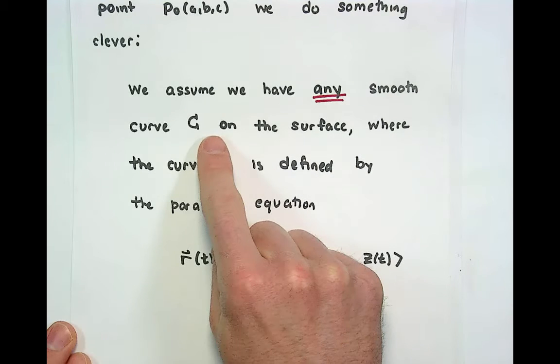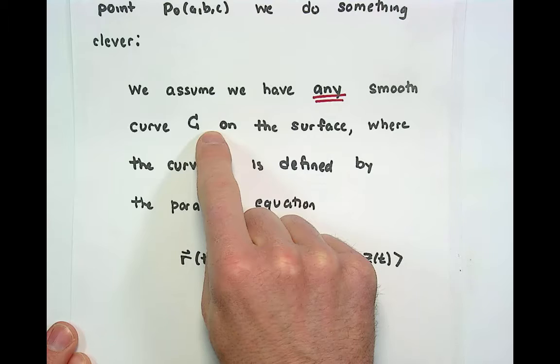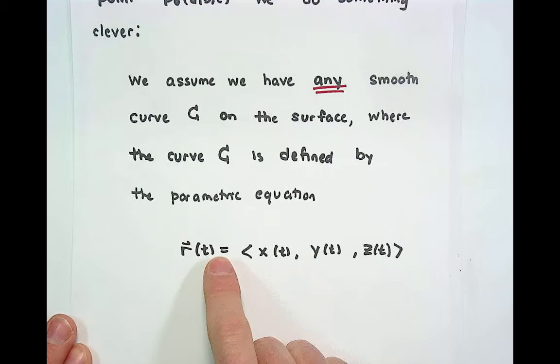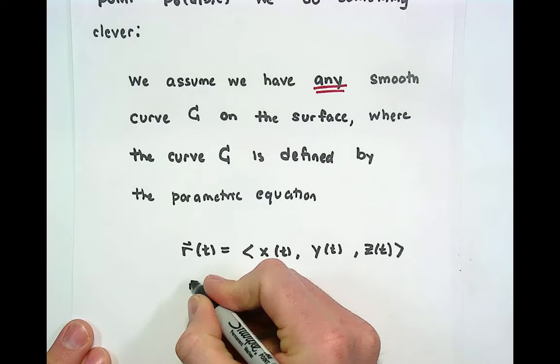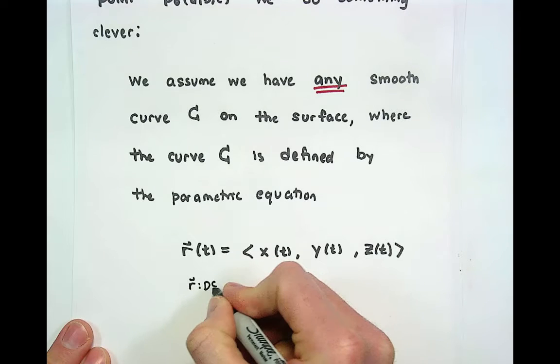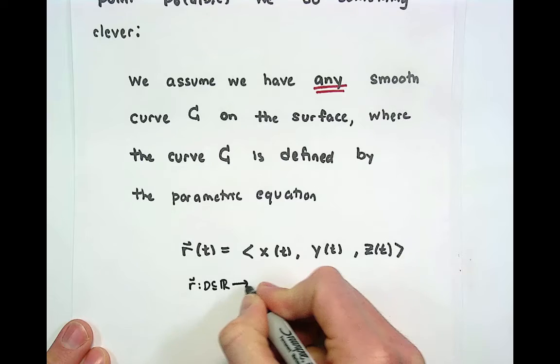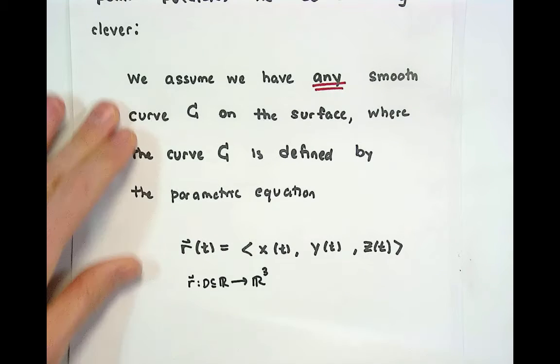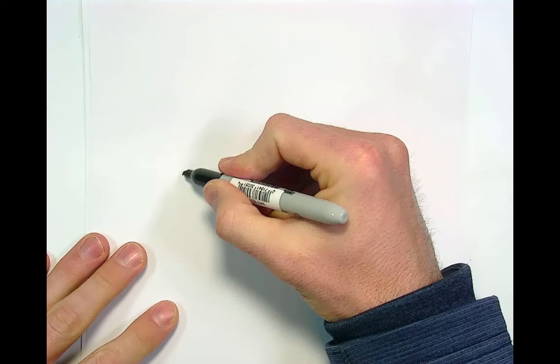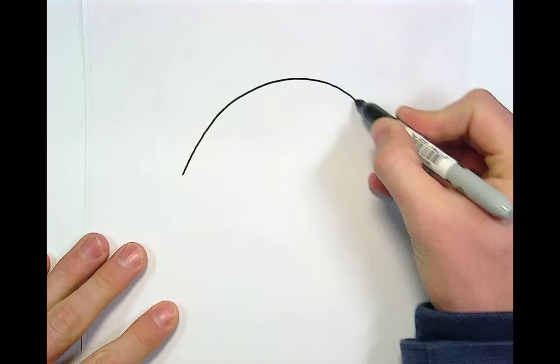Remember that one of the really cool ways to define curves in R3 was to use parametric equations or vector valued equations, where we have a single variable input and in this case a 3-component output. This would look something like... so this is the idea here. We've got some surface.